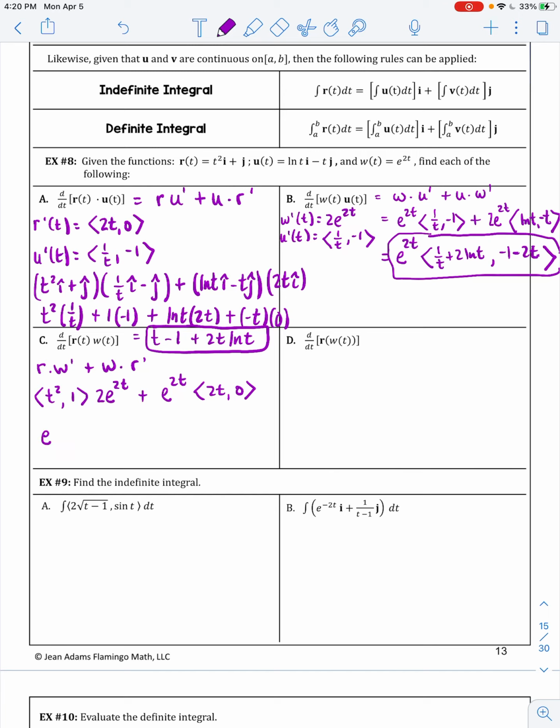And again, you can see that e to the 2t is on the outside. And if you added those and distributed your 2, you would end up with 2t squared plus 2t for your i value. And distribute the 2, plus 0 would just give you 2 for your j value. Or since you saw that 2 was in both of them, you could also write it as bringing that 2 out front. This would be t squared plus t, comma 1.